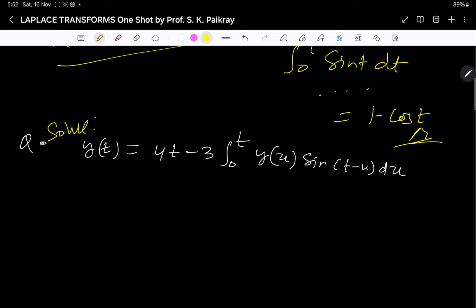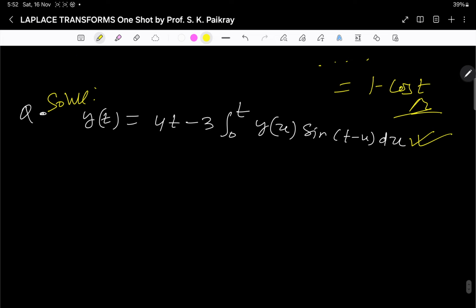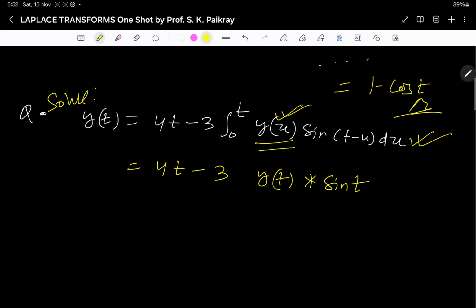Another question is y(t) equals 4t minus 3 times the integral of y(u) sin(t minus u) du. You see, it is an integral equation, because y appears under the integral sign. You express it as y(t) convolution of sin t. Now you take the Laplace transform.